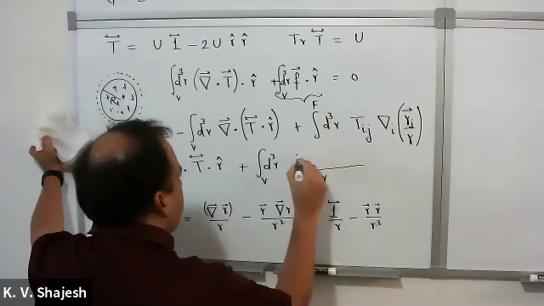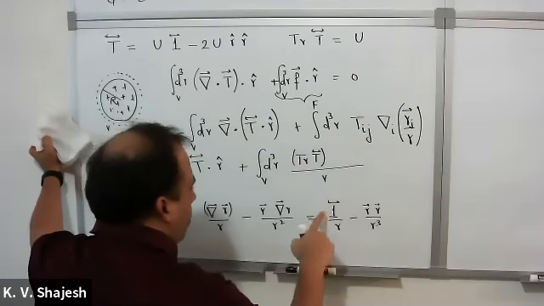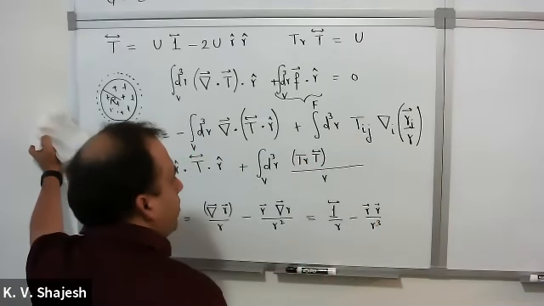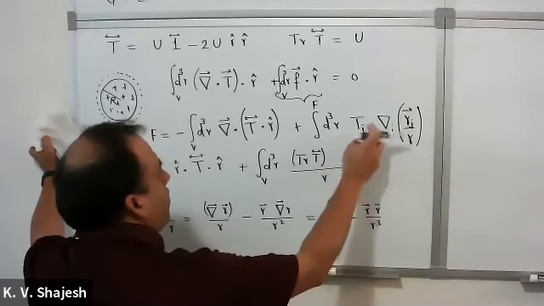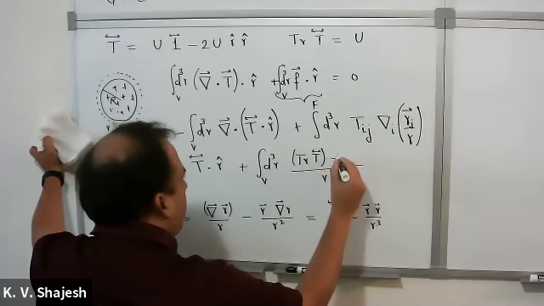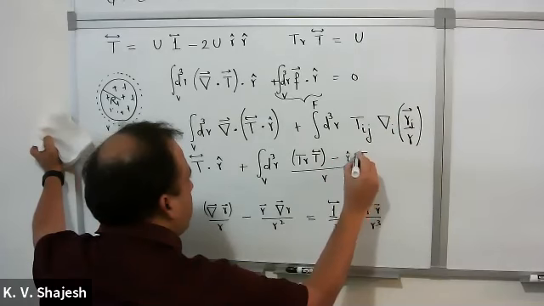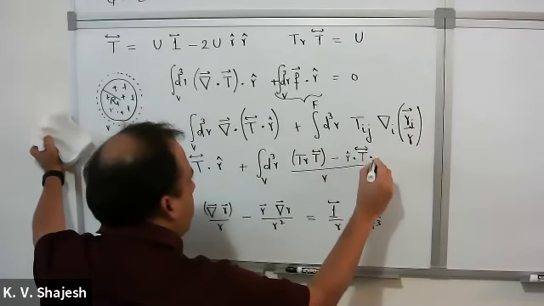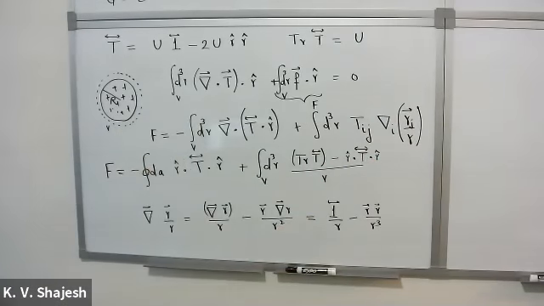And this is trace of T, because T multiplied by 1 is equivalent to trace. And this is R hat, R hat on both sides. 1 goes with the left, 1 goes to the right. So that's minus of R hat dotted with T, R hat. So that's our expression for the force.